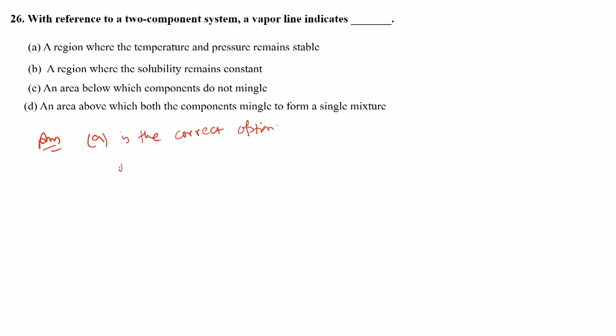A vapor line is another name for the isotherm.